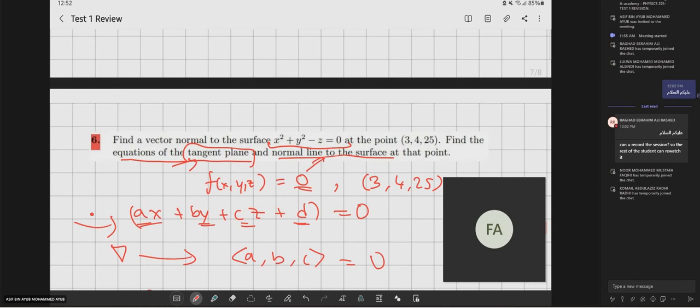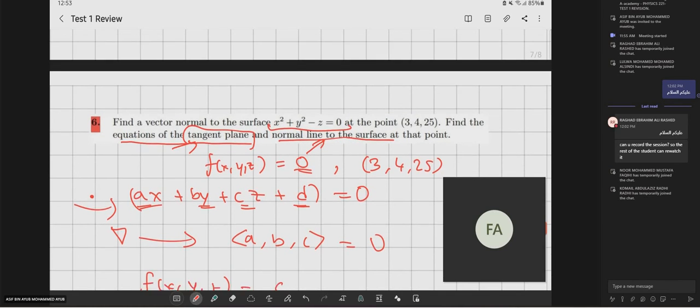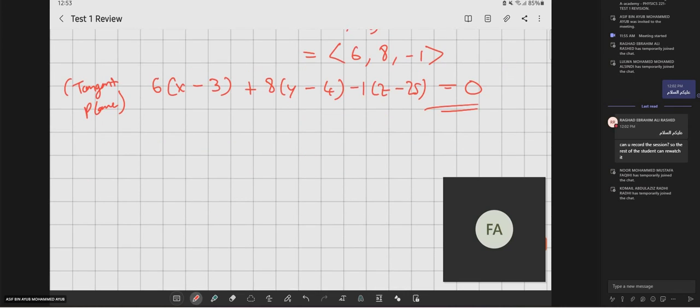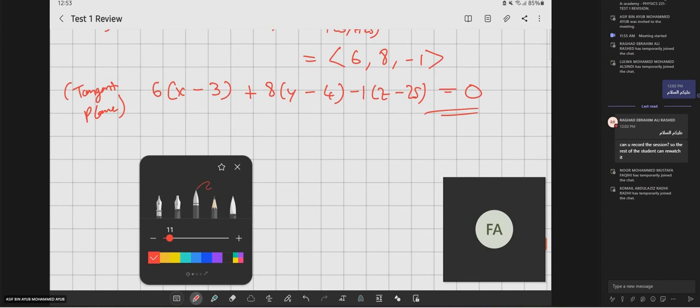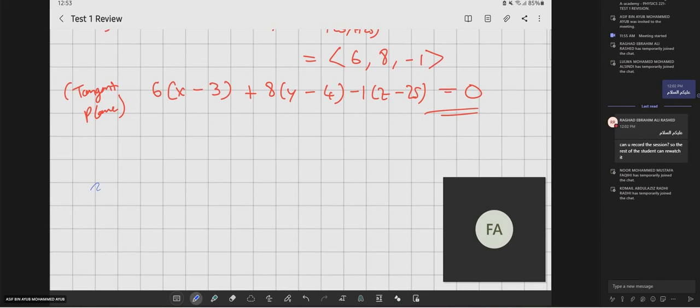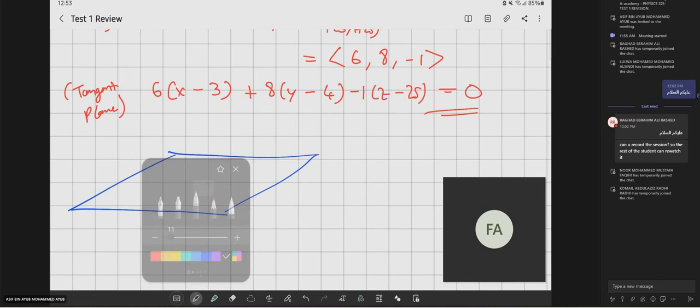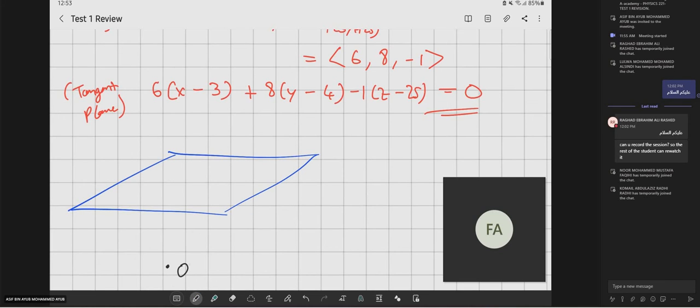Now the second part. Normal line to the surface. Again, this is something that I didn't teach you in the lectures, but since you've asked this question, I'm going to show you how to solve this. If this is our origin, you can imagine that a plane, if I take the normal to the plane, this is my normal vector n hat, normal to the plane.